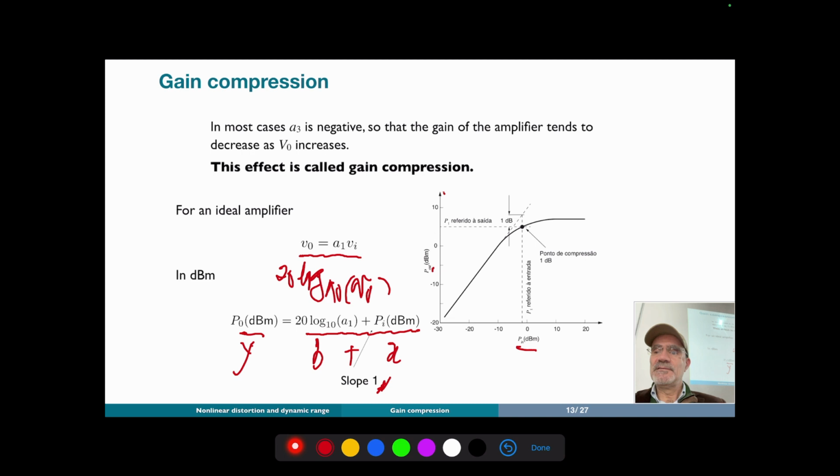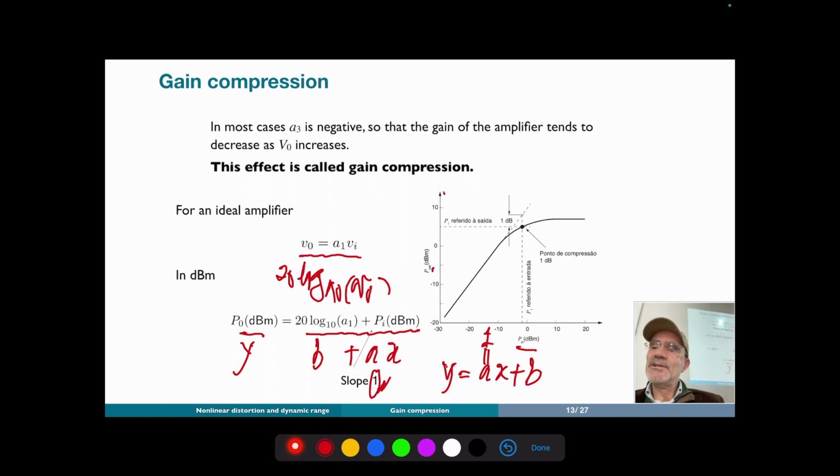Or an equation like y equals a times x plus b is a straight line. In this case, a is equal to 1, so it means the slope of the curve is equal to 1.